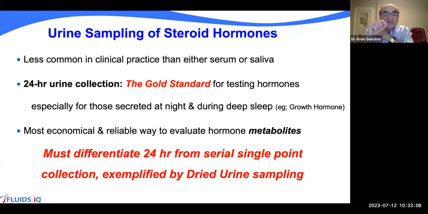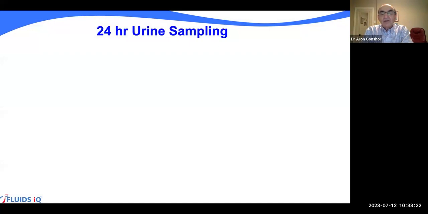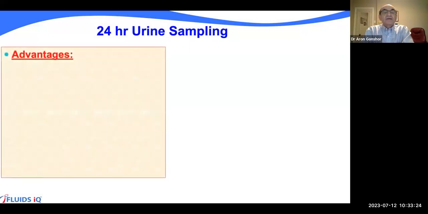But you need to differentiate, ladies and gentlemen, 24-hour from serial single point collection, which is exemplified, of course, by dried urine sampling, which has been gaining a lot of popularity of late. So what are the advantages of 24-hour urine?